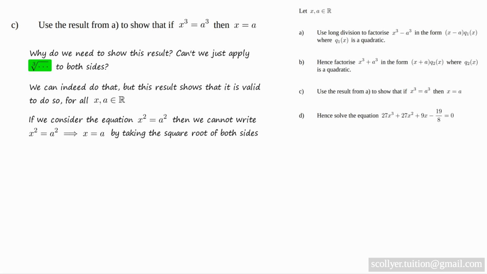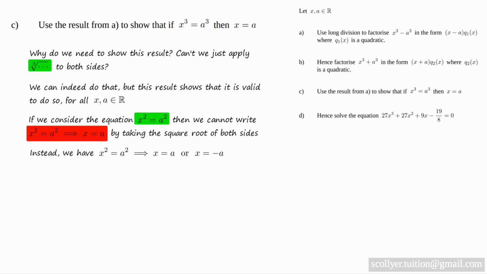And we should note that we have to be a little careful with a problem of this kind, because if we consider x squared equals a squared, then it is not true to write that x squared equals a squared implies that x equals a, which is the result that we would get if we naively took the square root of both sides.